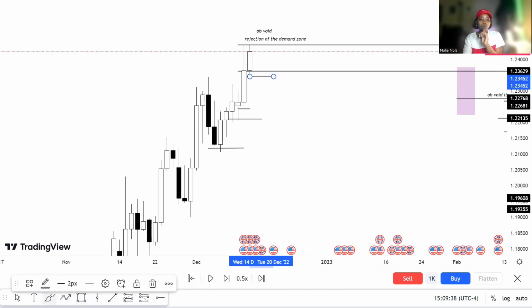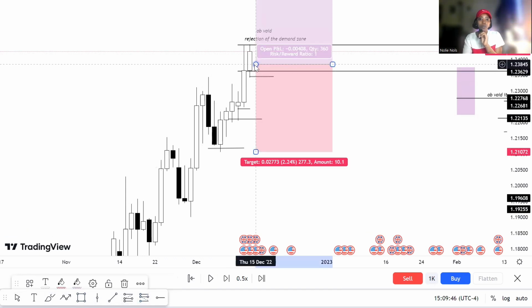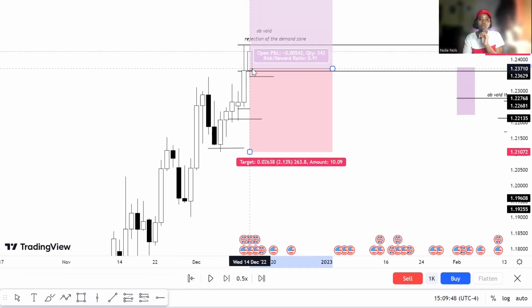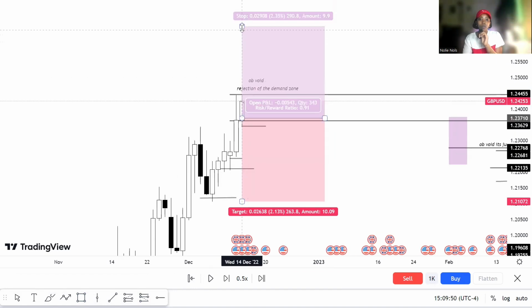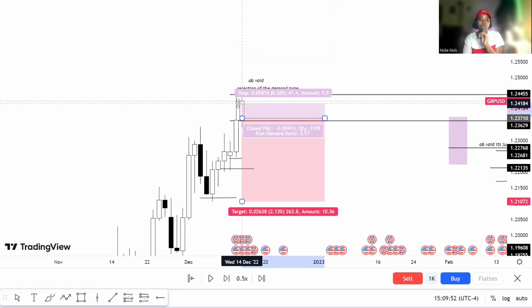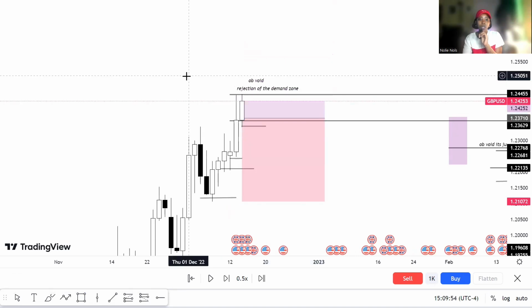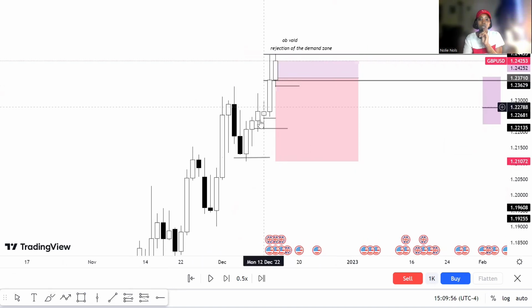So where would I put my stop loss? Okay, your entry is there, and we're just sitting over there. See how it plays out.